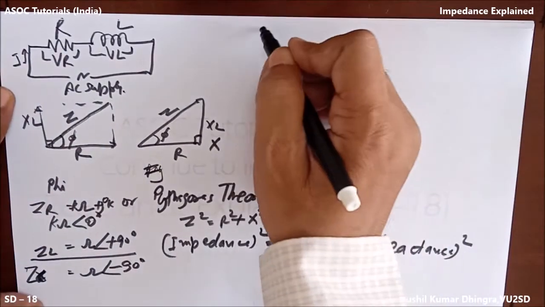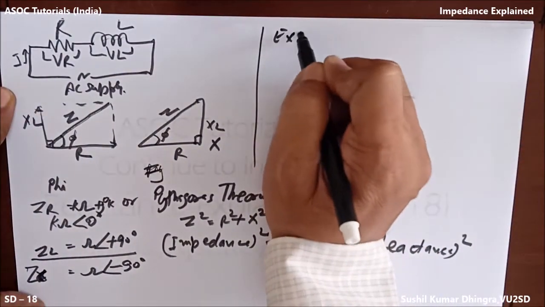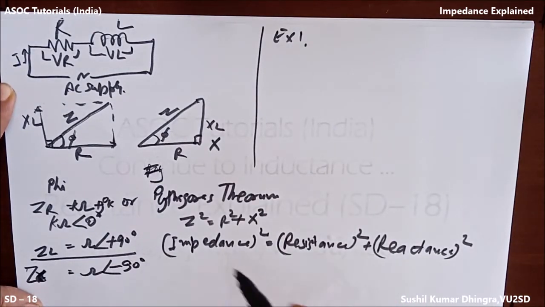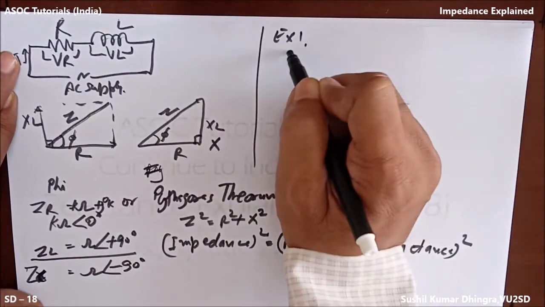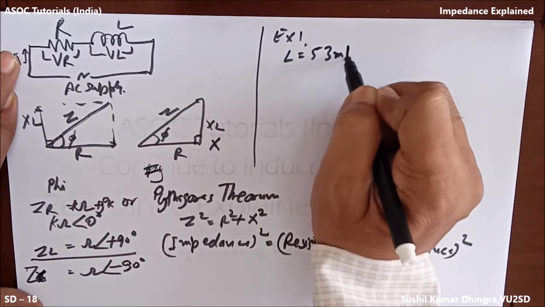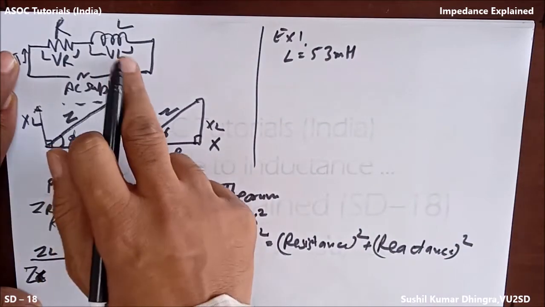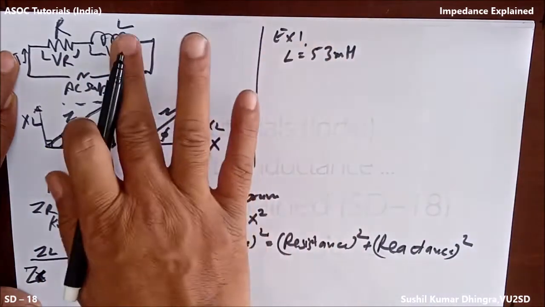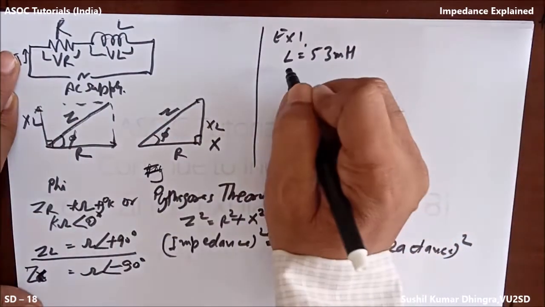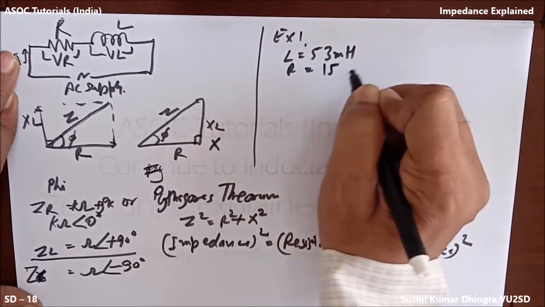Now I am coming to one of the examples, which you may find everywhere in books. First I am taking L as 53 millihenry. I am not showing the diagram, showing the values directly here. And R is equal to 15 ohm.